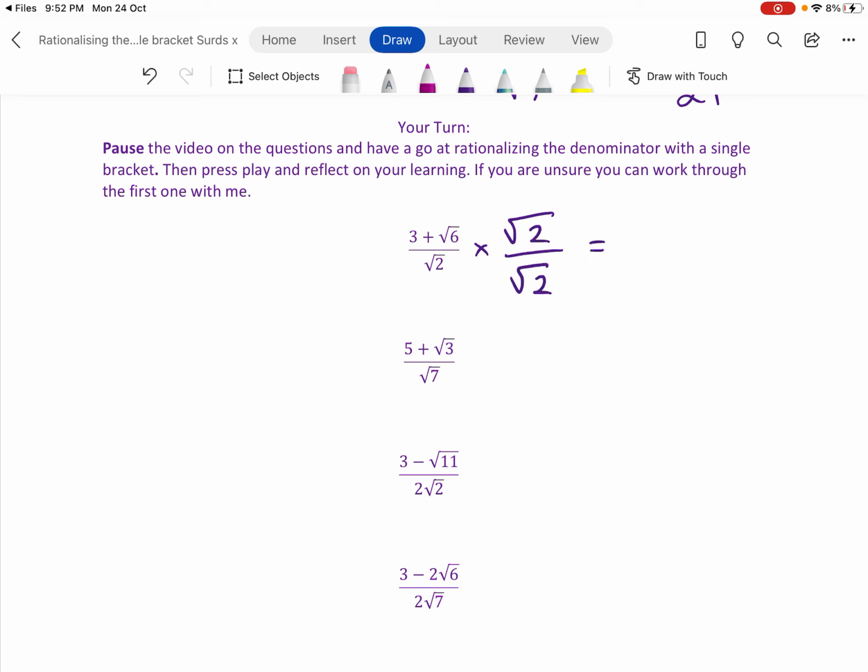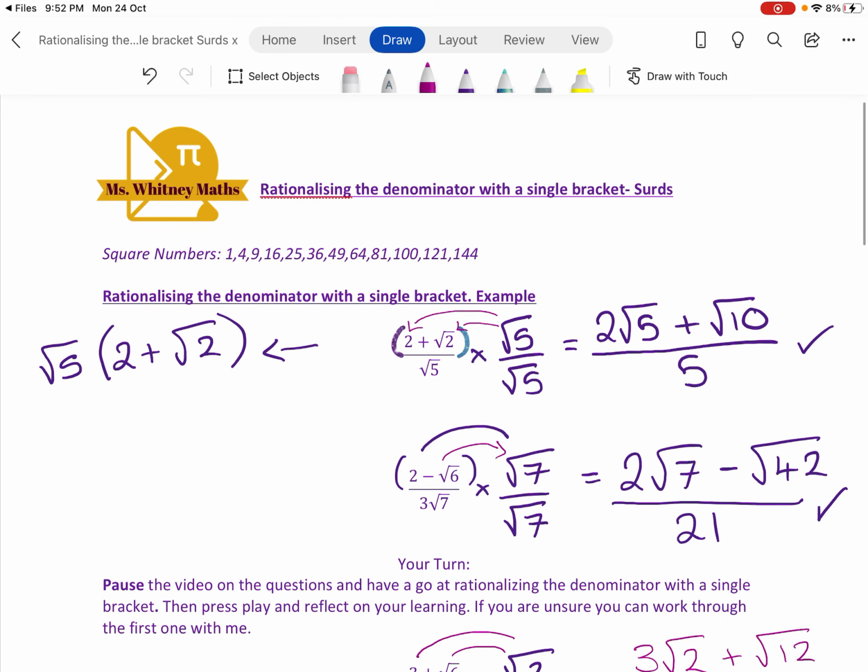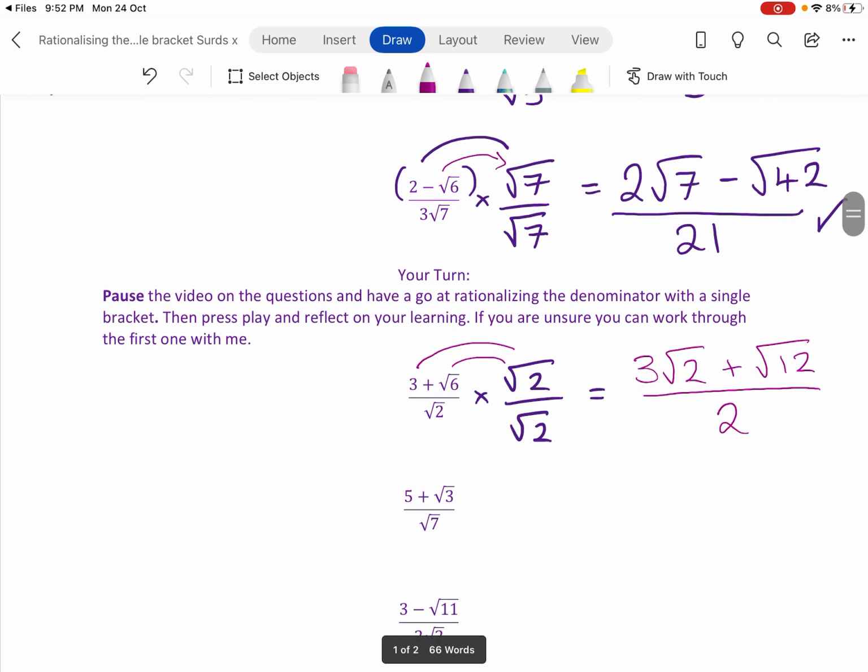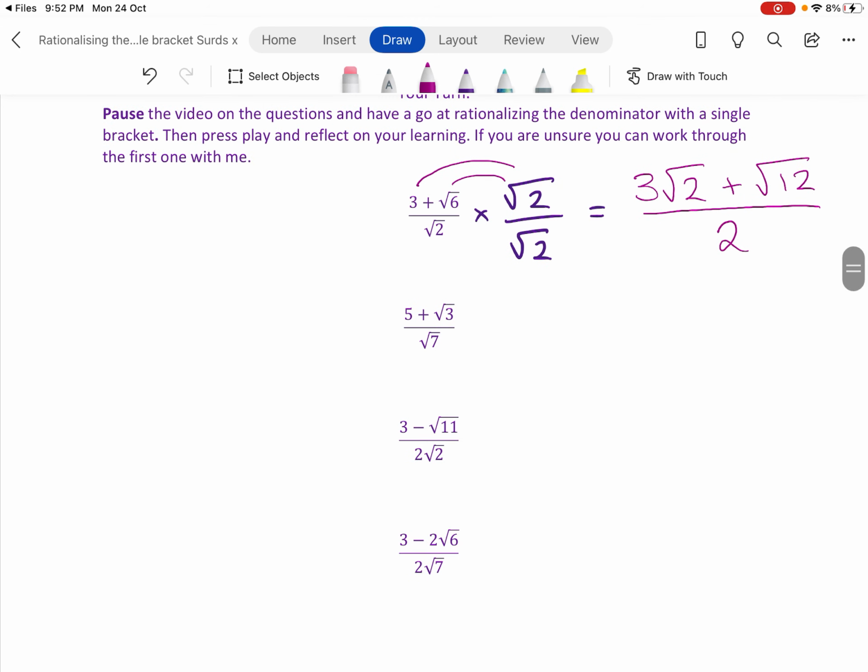This will give us on the top 3 root 2. And then we have root 2 times root 6, which gives us positive root 12. The denominator will give us 2. Now, we can see that this answer here is going to simplify.